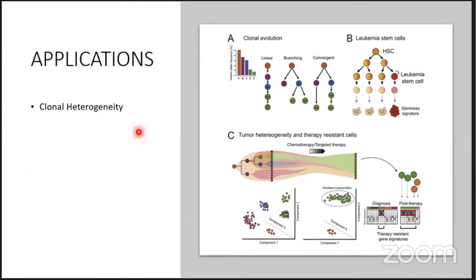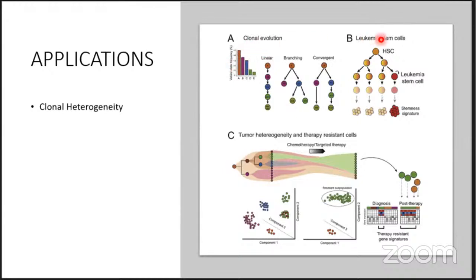So if we take the single cells, thousands and thousands of cells from one tumor microenvironment, we will be able to understand which kinds of clones are there and which clones are not there, and how these clones are getting mutated, so that the treatment is also getting altered.